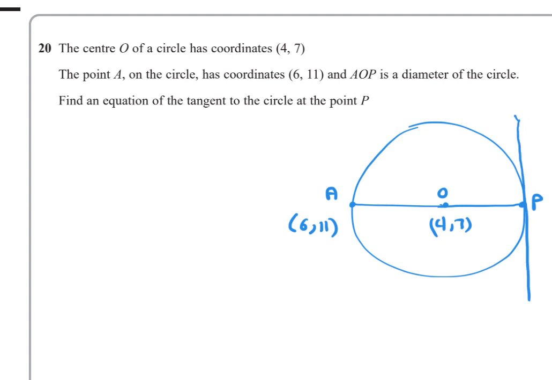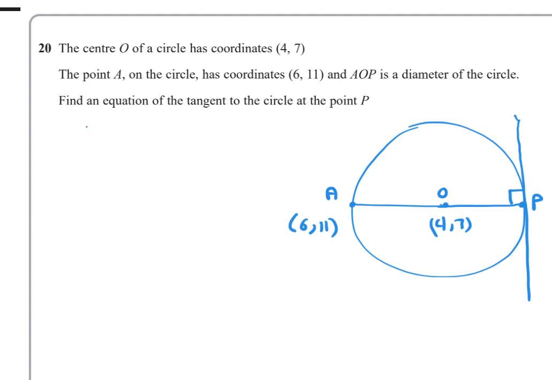We know that the diameter and the tangent are perpendicular, so this angle 90. So we can find the gradient of the diameter AB because we have 2 points. So y2 minus y1 over x2 minus x1.